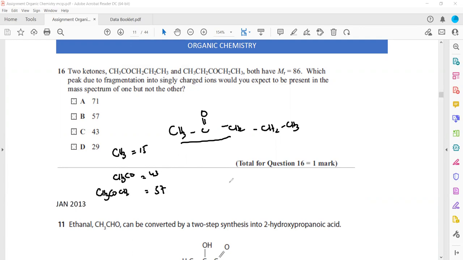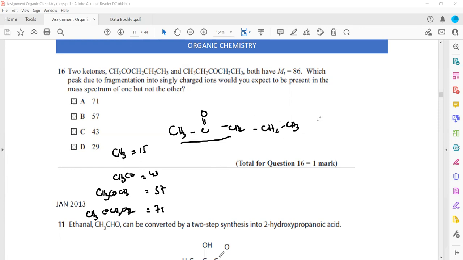Then 57 plus 14 is 71, that is CH3, CO, CH2 and CH3 or CH2. And the last one, the molecular peak, will be there for both, about 86.